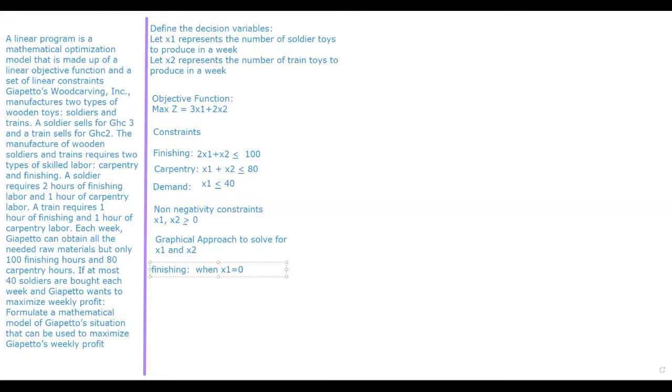All right, so when x1 is 0, what will be the value for x2? x2 will be equal to what? Oh, you've done this calculation. Please do it for me.